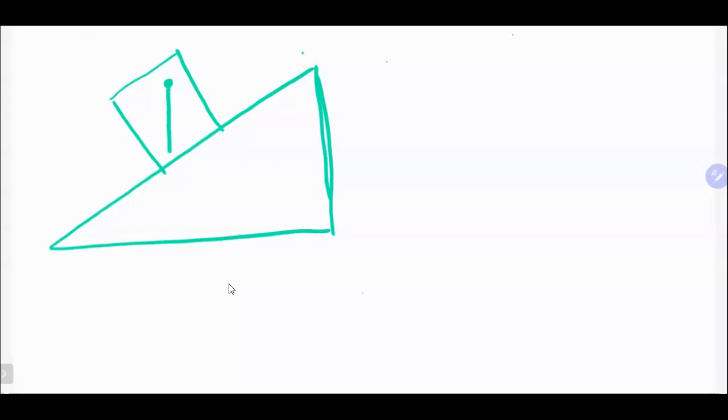The force of gravity acting at the center of mass, in this case, will cause a torque. That torque will either cause the object to rotate into the hill or away from the hill.